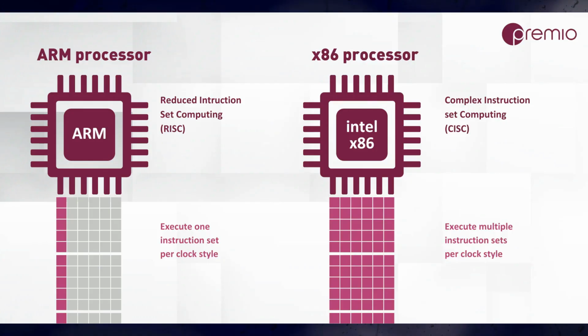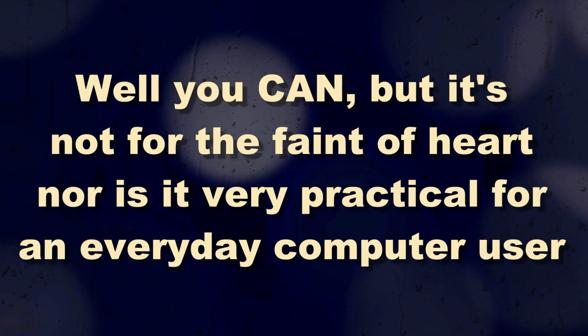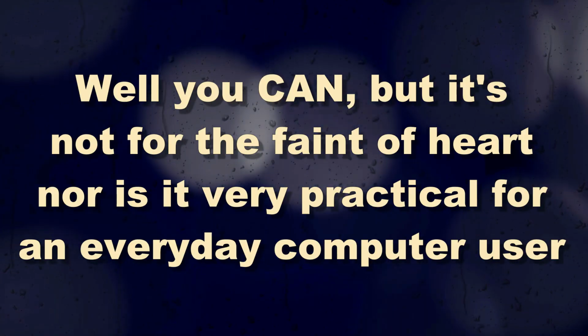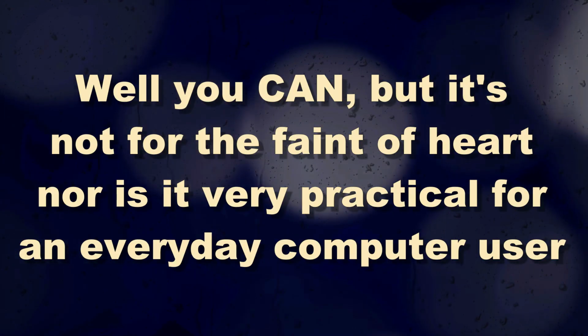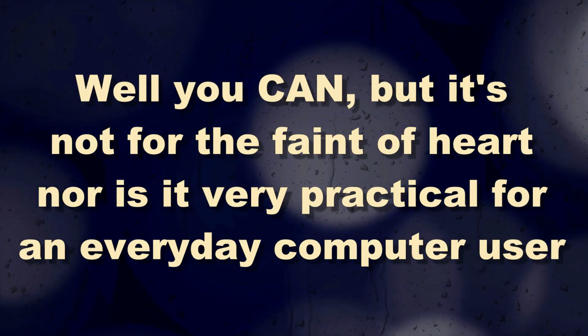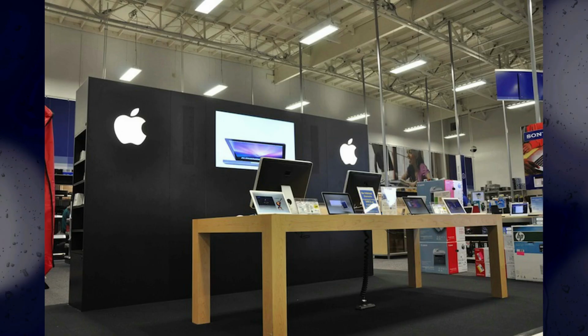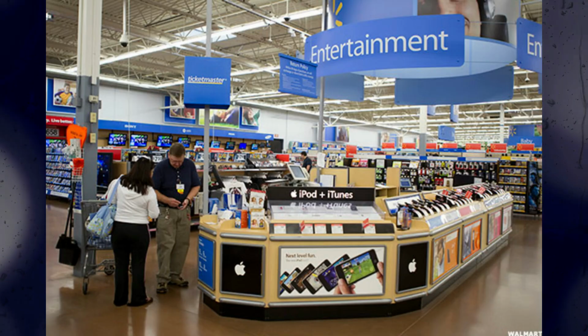Generally speaking, you can't run Windows or Linux on M series Apple hardware, nor can you run macOS on x86 hardware. Before someone jumps in the comments, I know there are special cases. I'm talking about an everyday user who just buys a computer from Best Buy or Walmart to use at home or at school. Got it?